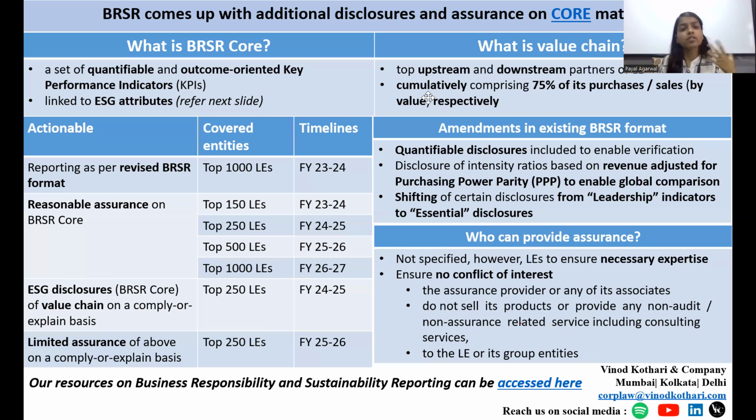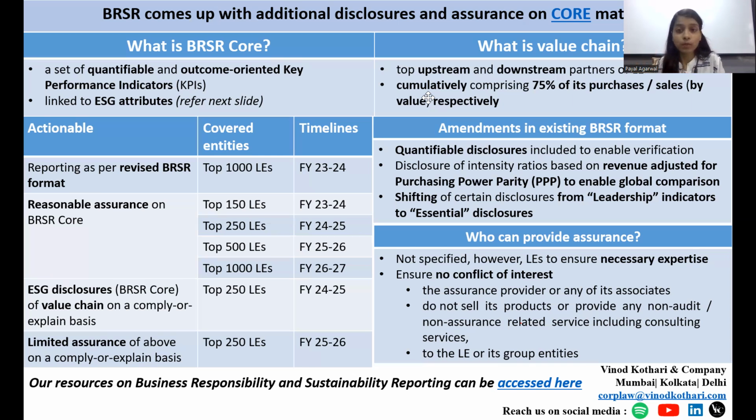Now, there can be various ways conflict of interest may arise between an assurance provider and a listed entity. And SEBI has specified one of those various ways wherein it has been clearly stated that there has to be a differentiation between the audit or assurance services and the non-audit or non-assurance services, including sale of products.